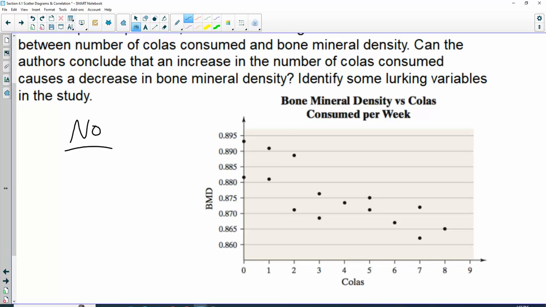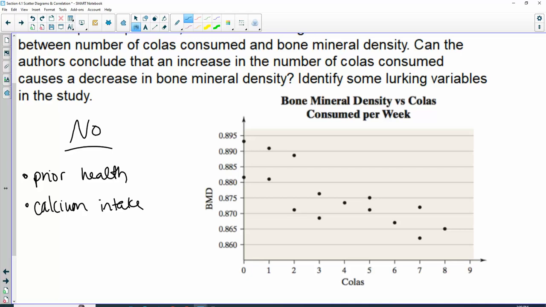What could be some other lurking variables? Osteoporosis. Okay, if you have osteoporosis. Prior condition. Okay, prior health conditions. Maybe it's calcium intake. If you're drinking 7 sodas a day, is there a chance that you're not drinking milk?